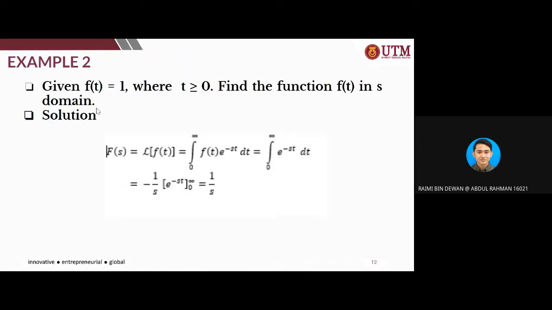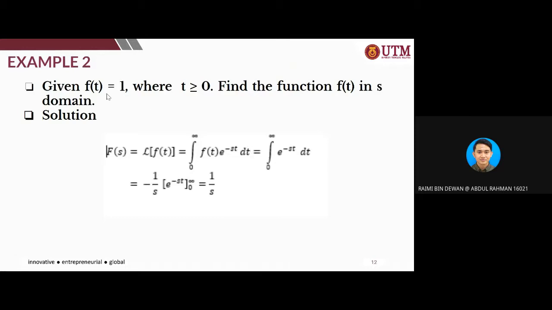Example 2, given f(t) equals 1, where t is greater than 0, find the function of f(t) in the S domain. Solution: if you see here, F(s), you write it L of f(t), and then integration from 0 until infinity of f(t) times e to the negative st dt.